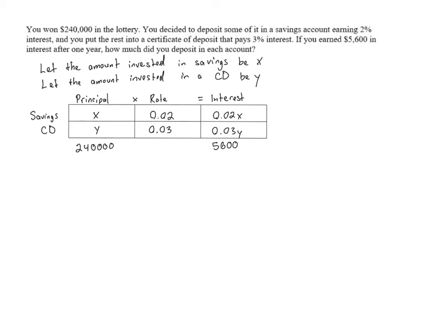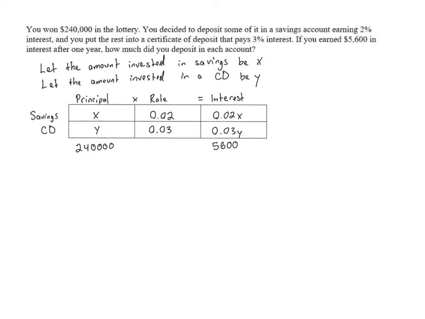One of the most common mistakes I see students make with problems like these is they switch those two numbers. They take the 5,600 and instead of putting it in the interest column, they move it to the principal, and they take the 240,000 and move it to the interest. You have to make sure you understand which is the principal and which is the interest so that you match them up appropriately.